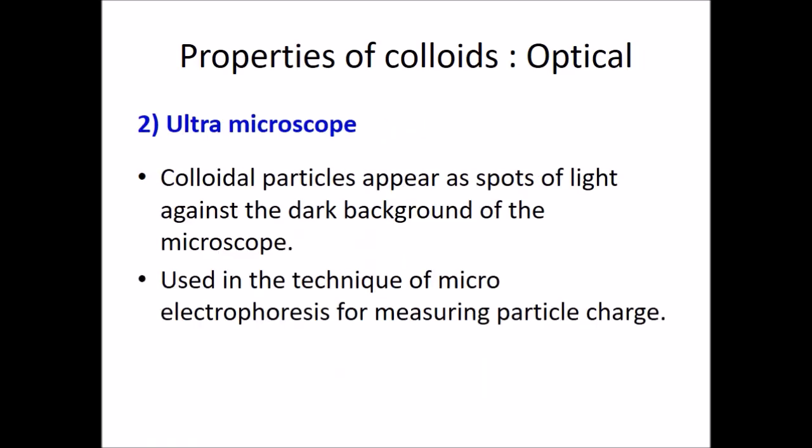The second optical property of colloids is that they can be seen under the ultramicroscope, where they appear as a spot of light against the dark background of the microscope. It can be used in the technique of microelectrophoresis for measuring particle charge.